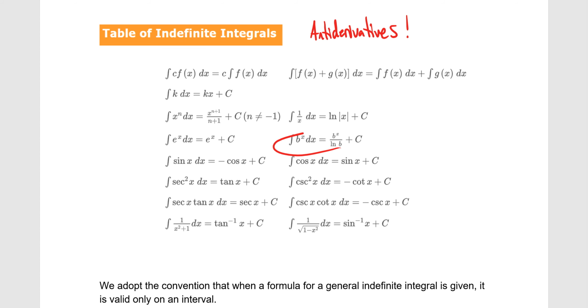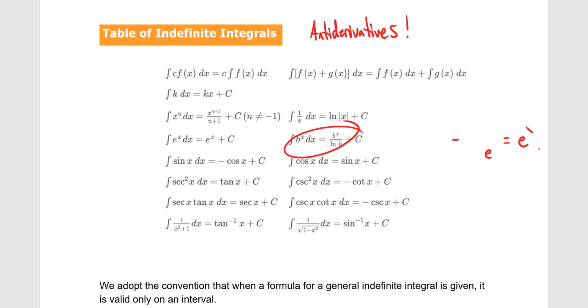The one that's a little bit tricky that we don't see as often is the integral of b to the x, where b is a positive number not equal to 1. It is b to the x divided by ln of b. So it's actually the more general version of e to the x, because if we were doing the integral of e to the x using this formula, that would be e to the x over the ln of e. The ln of e is equal to 1, so it's just equal to e to the x.